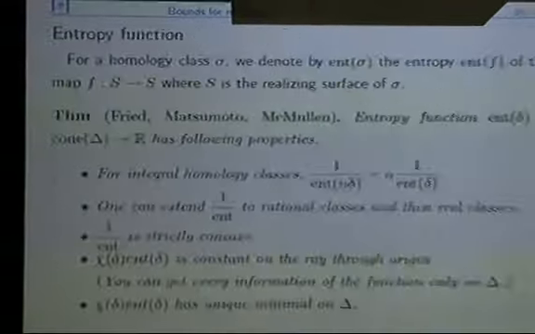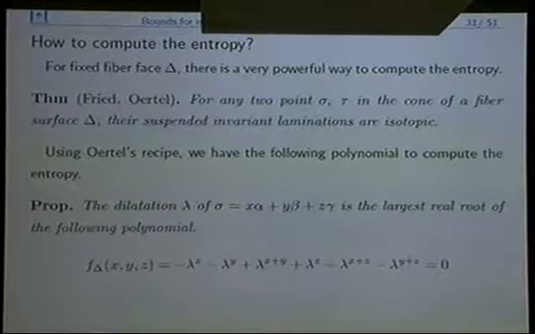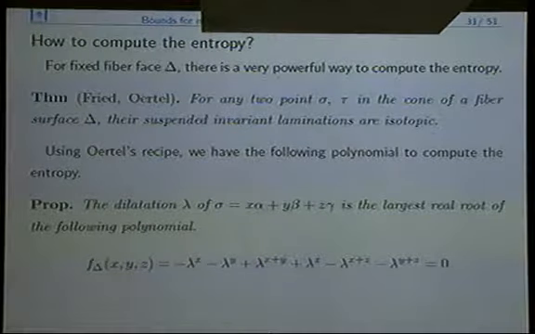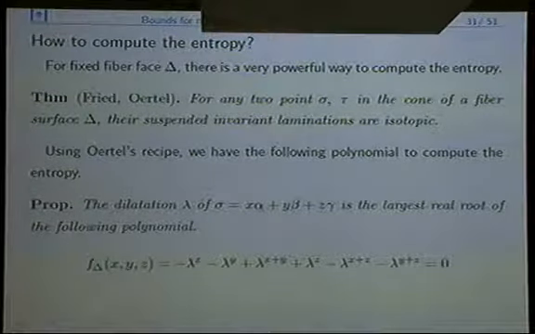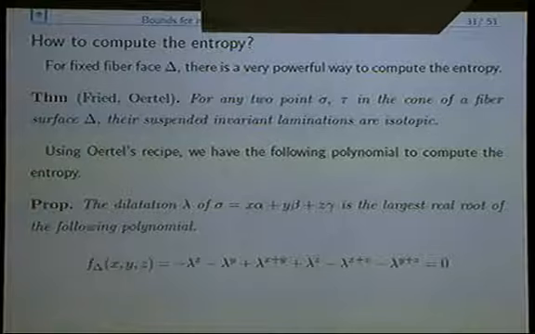And let me see. So how to compute the entropy is Fried and Otto have a very strong theorem. For any two points sigma and tau in the cone of the fibered surface, from sigma we have some surface boundary, and in there an invariant lamination of the pseudo-Anosov map, and so we have an invariant lamination in, let me see.